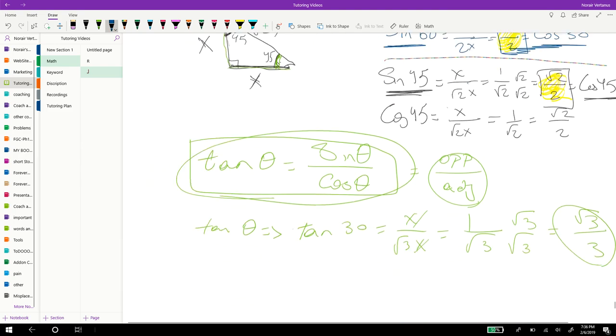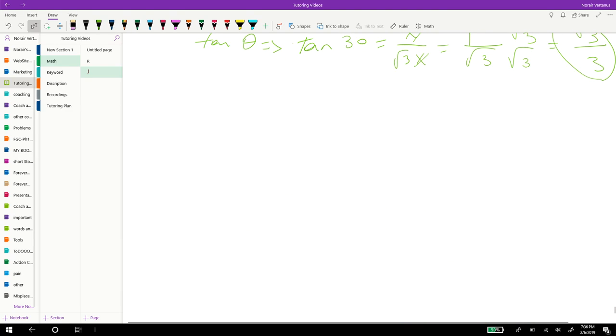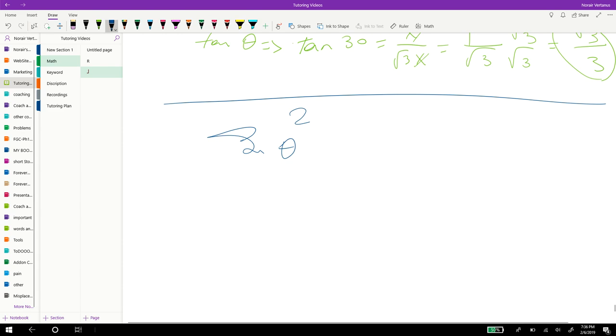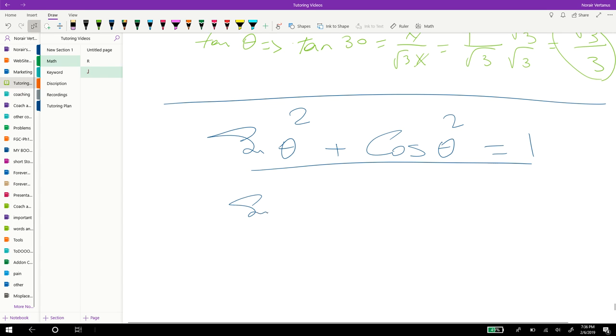And the other one is this. There's a formula in trigonometry, you're going to see that. Sine of an angle theta to the second power, plus cosine of an angle theta to the second power, is equal to 1. I'll show you that here. Let's say sine of 30, we already found that, to the second power, plus cosine of the same 30 to the second power.